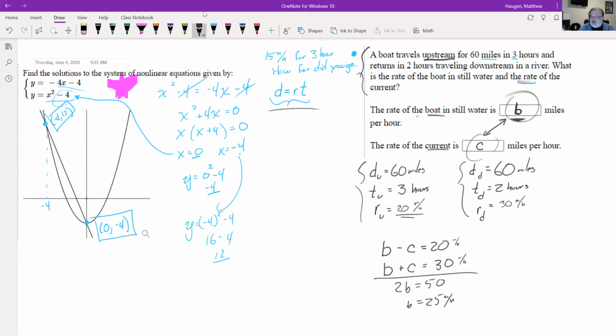So that's the rate of the boat in still water, how fast the boat can go. And if 25 minus C is supposed to equal 20, what's C? Well, it better equal 5. Or if you prefer, if 25 plus C has to be 30, what's C? Same 5.